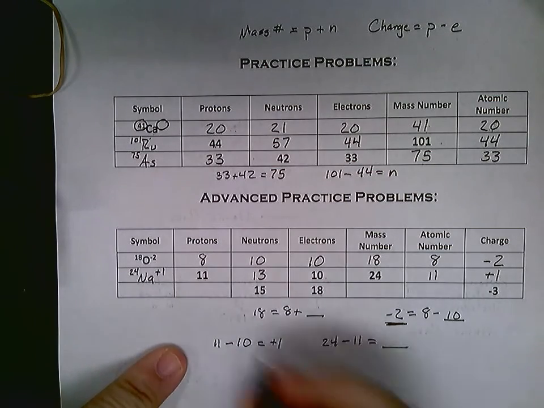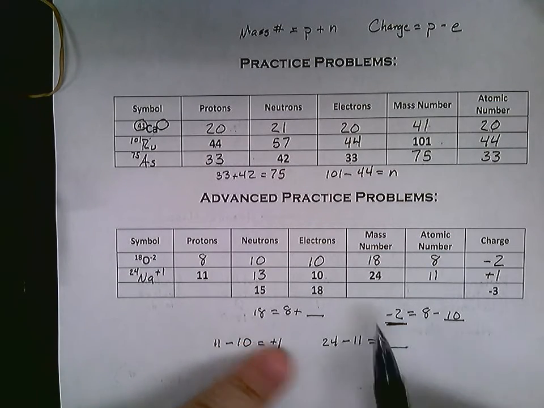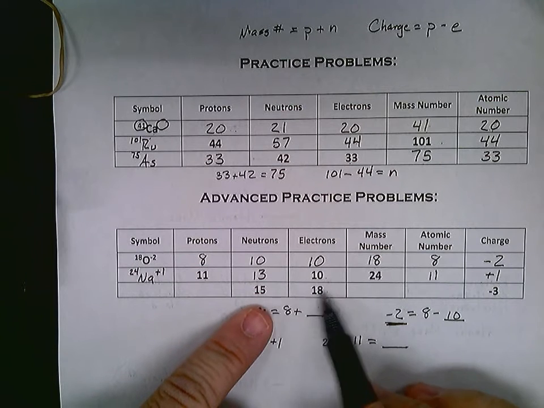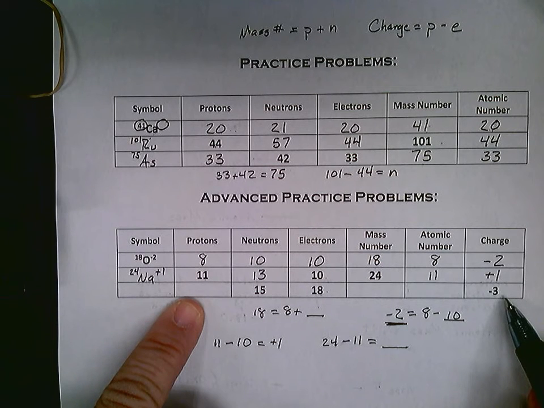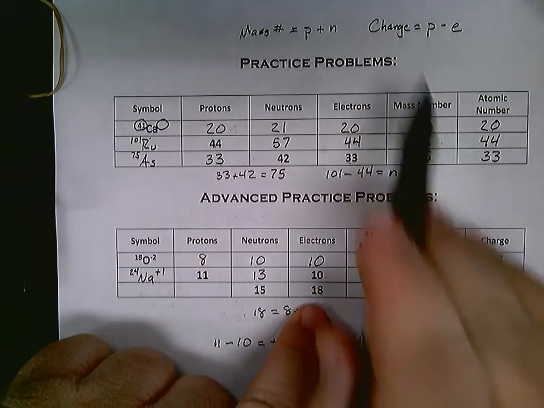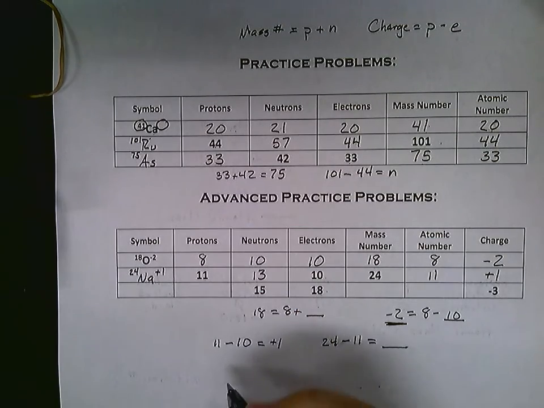All right, now we're going to do the same thing here, a little bit different. Here we've got 18 electrons, 15 neutrons, and a charge of -3. All right, since we don't have protons, let's see if we can figure that out first. Since we've got charge and number of electrons, we can use the charge formula to figure that out.